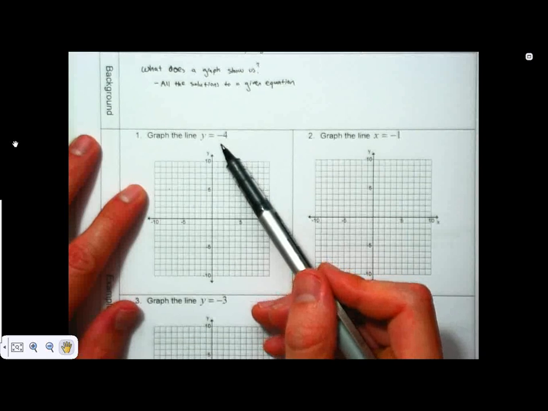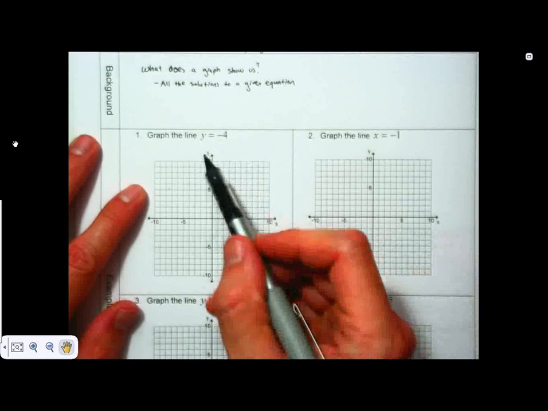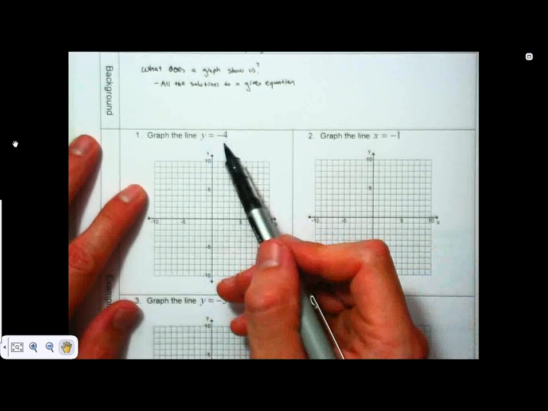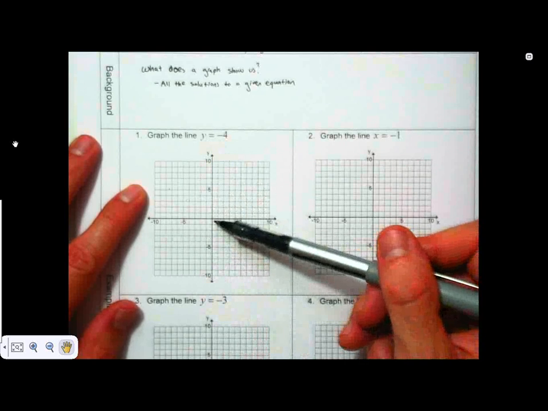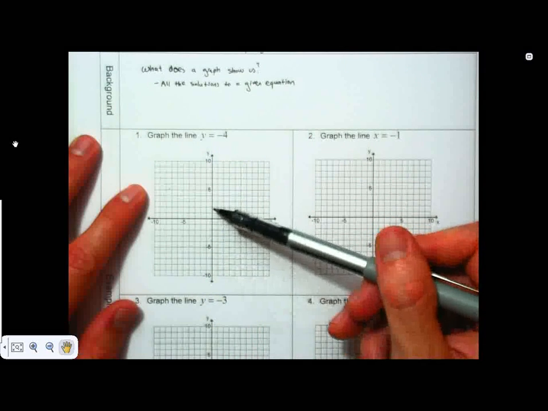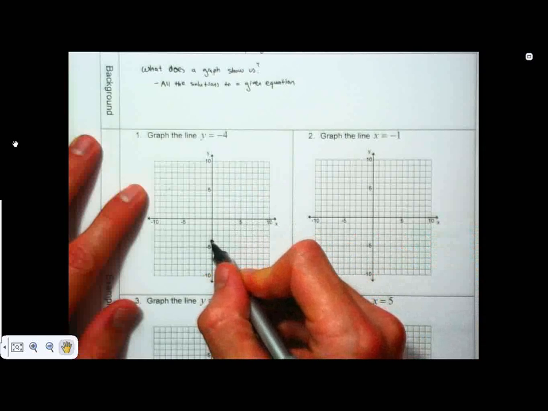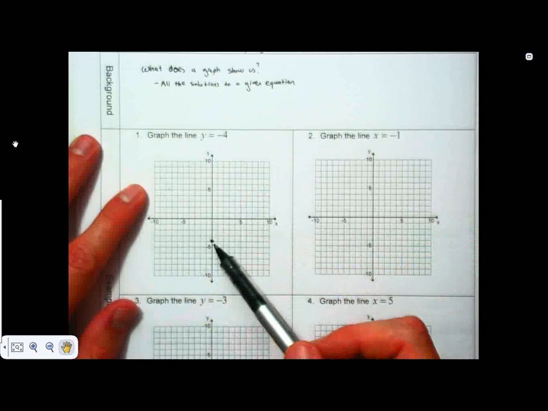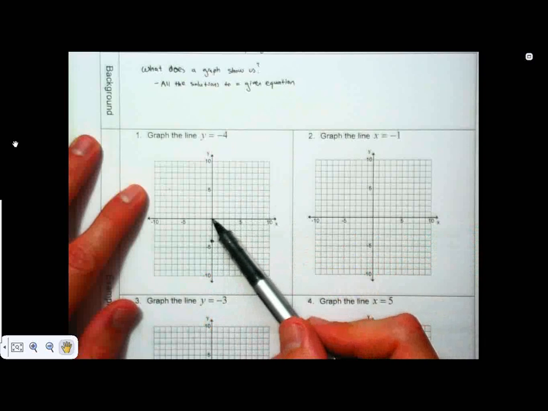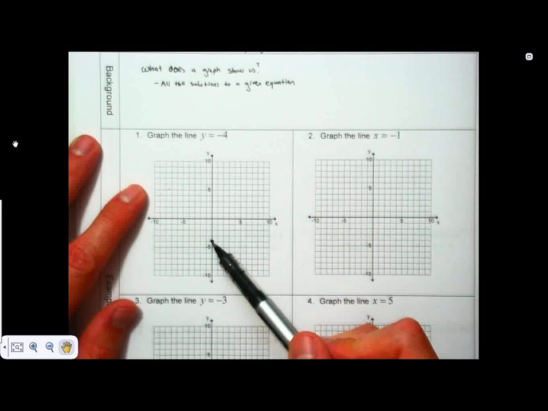Well, where are those places? If the y coordinate's fixed at -4, the y coordinate controls how far up or down we are. So for sure this point right here is down 4. The y coordinate at this point is -4. What's its x coordinate?